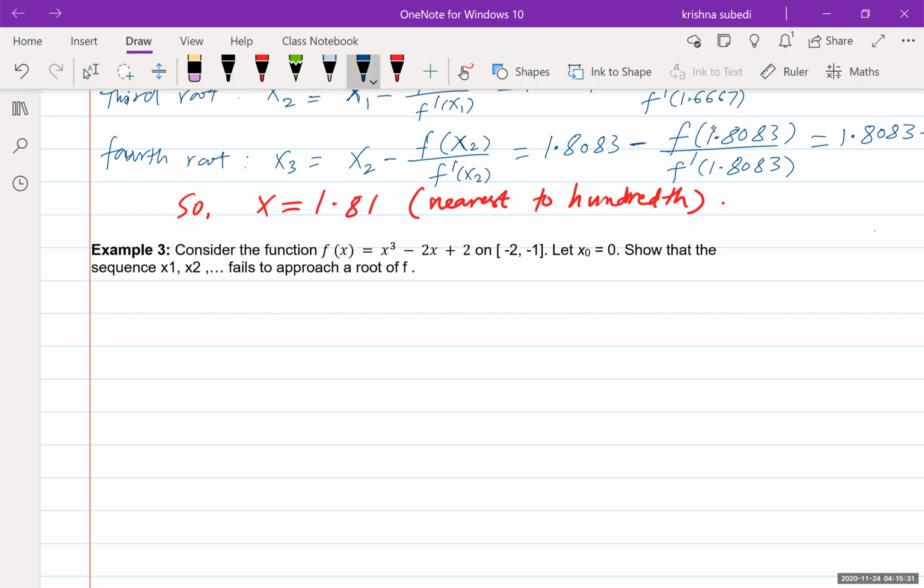Let's look at Example 3. Consider the function f of x equals x cubed minus 2x plus 2 on the interval -2 and -1. Let x naught equal 0, so that the sequence x1, x2, and so on fails to approach the root of f.